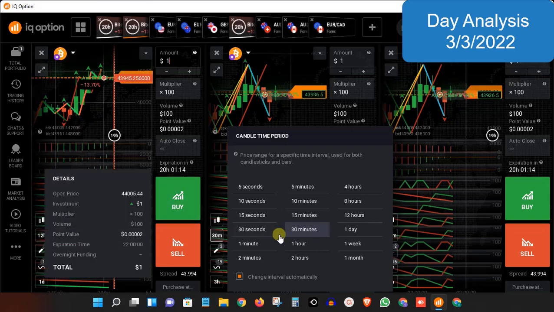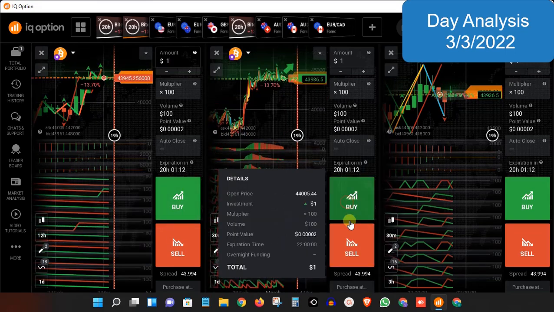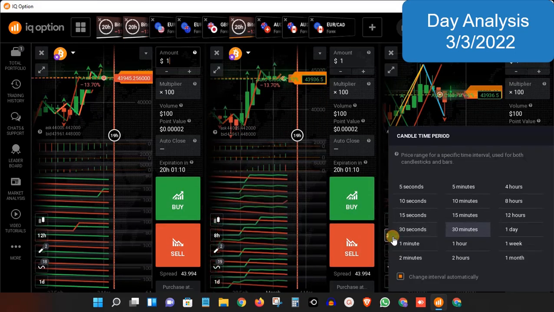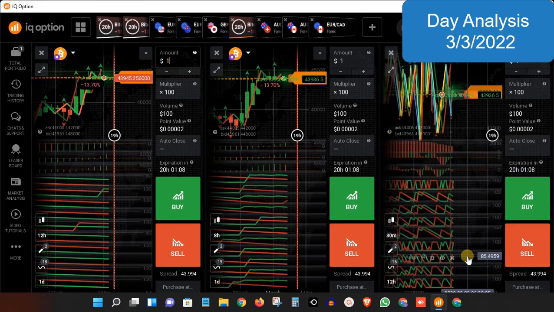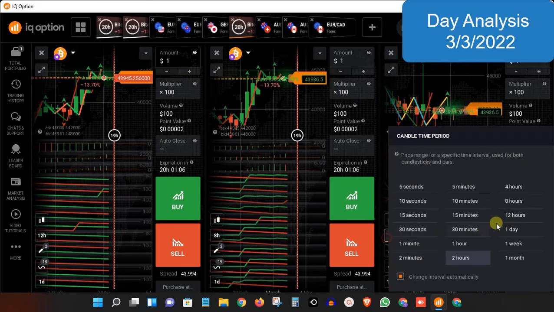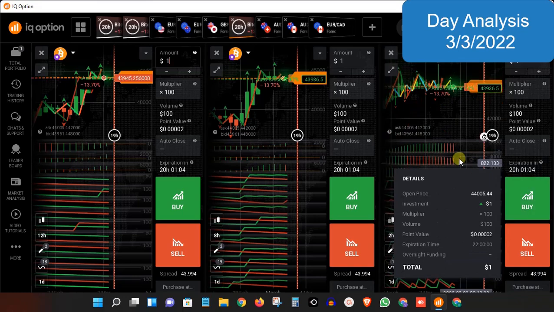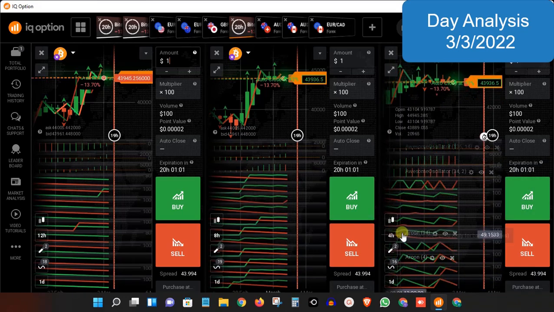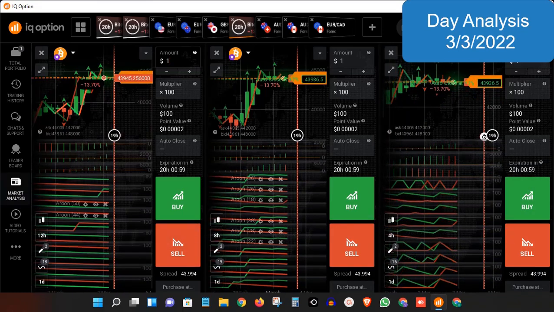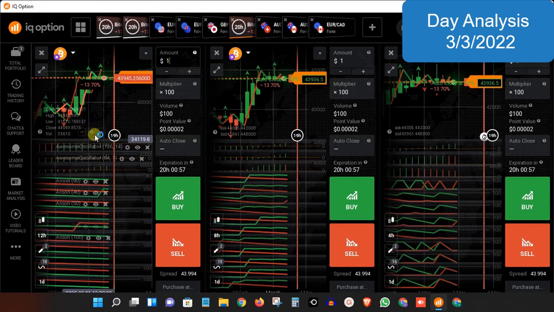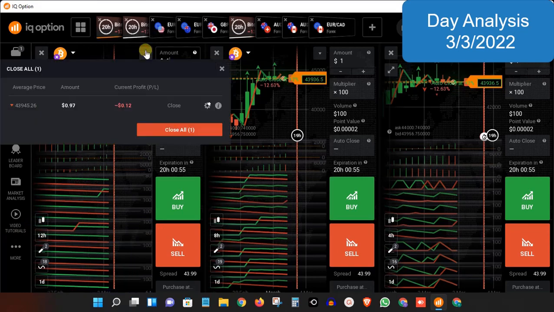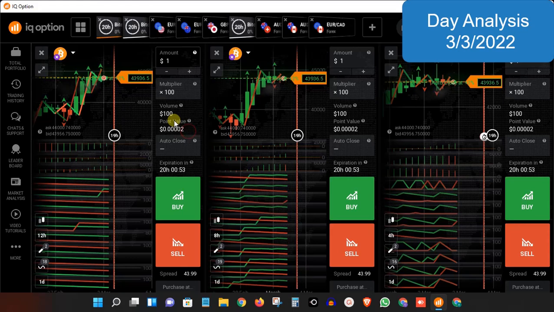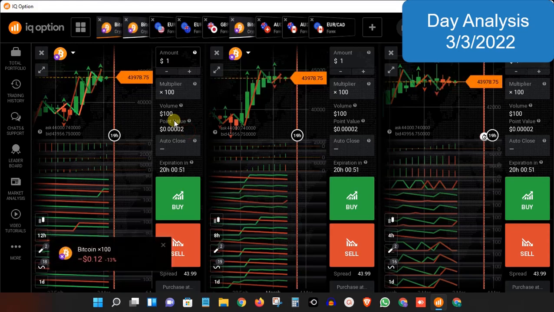12-hour interval, also 8-hour interval, and we shall also be using the 4-hour interval. So when you switch on to the 4-hour interval here, 8 hours here, this is a 12-hour. Let me first close all the trends so that you can see very well and we focus.